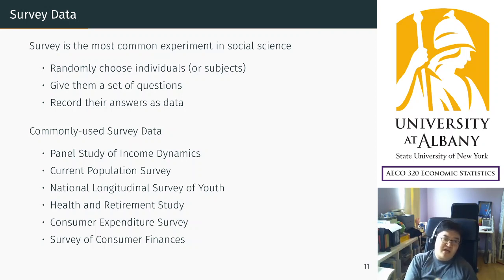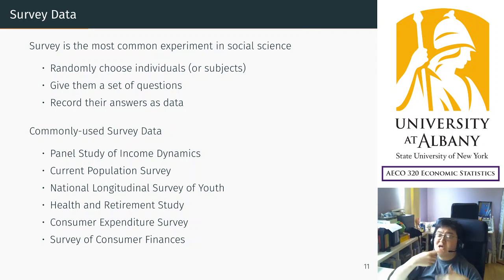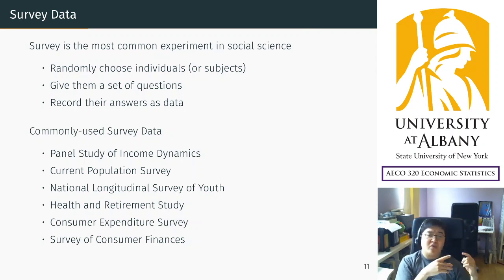In those data, I do not know exactly how many individuals are surveyed, but NLSY, the National Longitudinal Survey of Youth, is an example data we are going to use later. In our data, there are more than 5,000 individuals surveyed. So that's the sample size. The experiment was repeated more than 5,000 times.